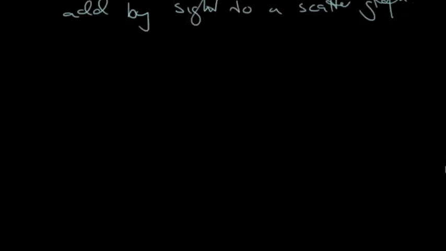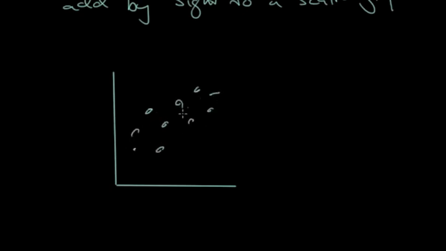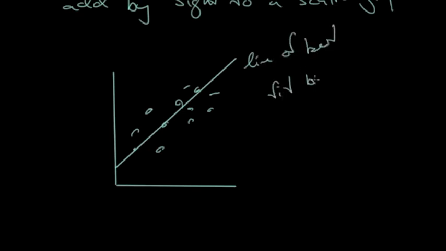So we might have a graph like this, and we'll have a whole heap of points. And we'd say, if we were going to draw a line that cut the data in half, where would it go? For that data, I'd probably say something like that. So that's our line of best fit by sight.